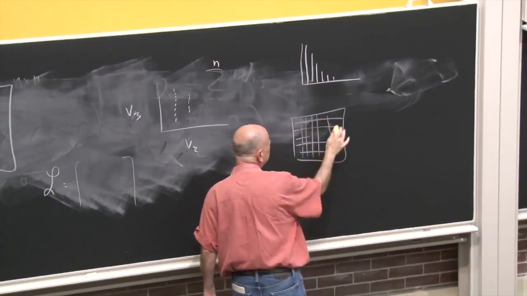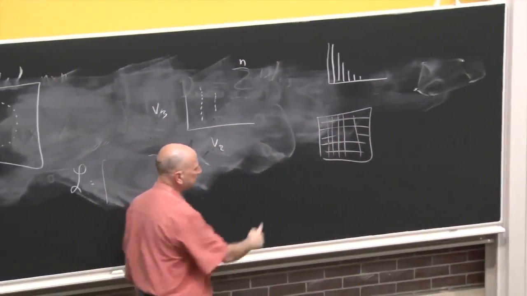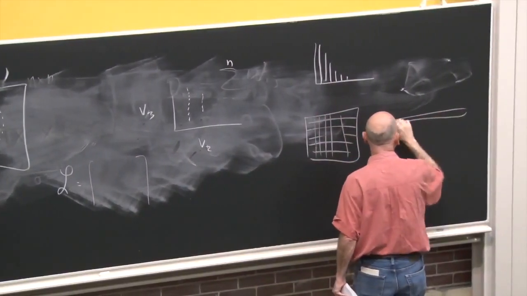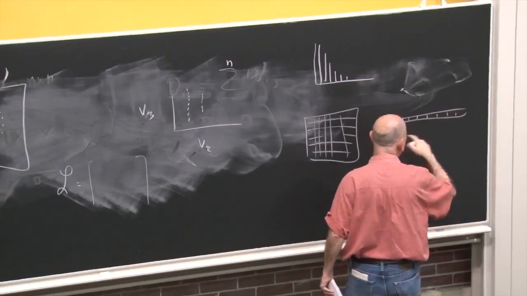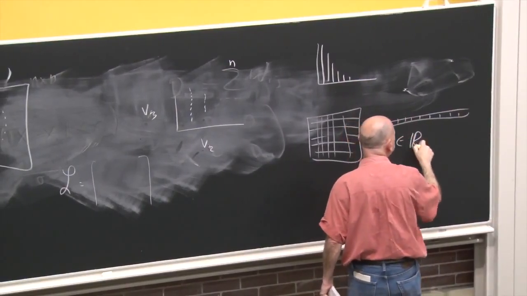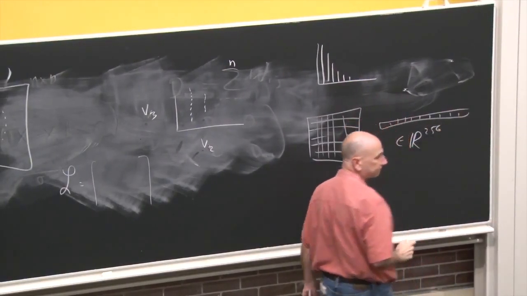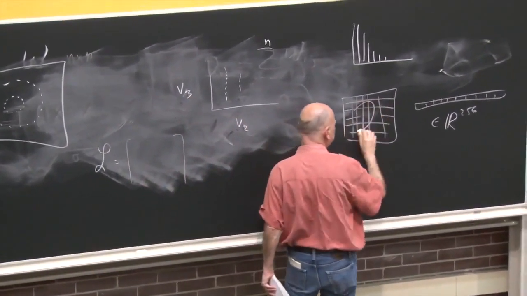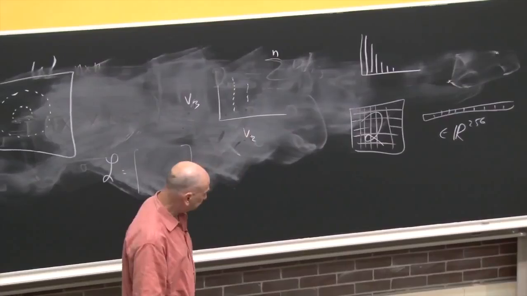If I stretch this out into a vector, every data point is a vector in R256. And I'm trying to classify, was this a 2 or whatever.